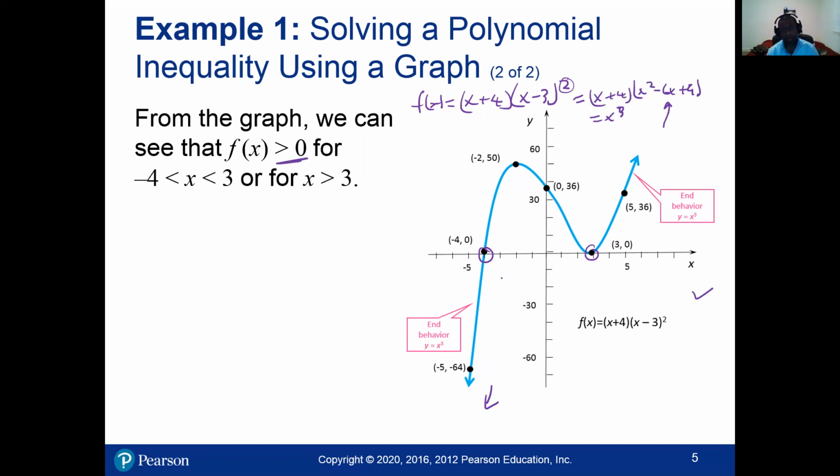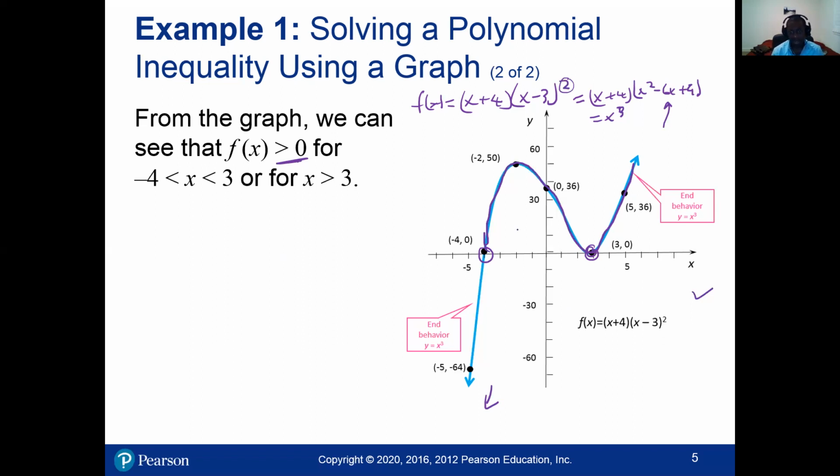Now we look at the portions of the graph where it is above the x-axis. Between this portion of the graph, it is above the x-axis. In fact, at this point it touches it, but after that it goes above it. So that is why it does not include it.